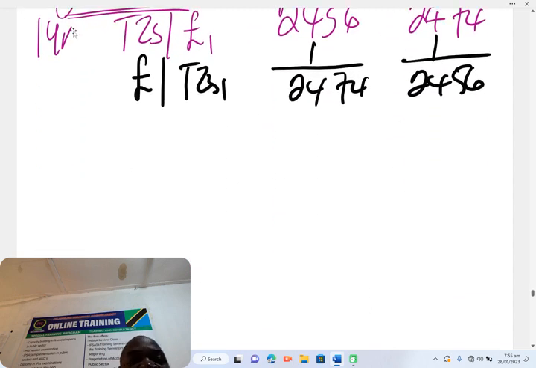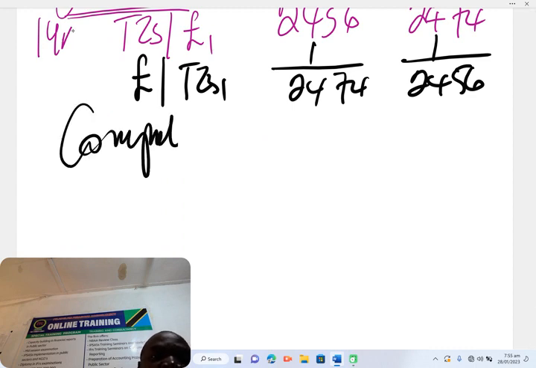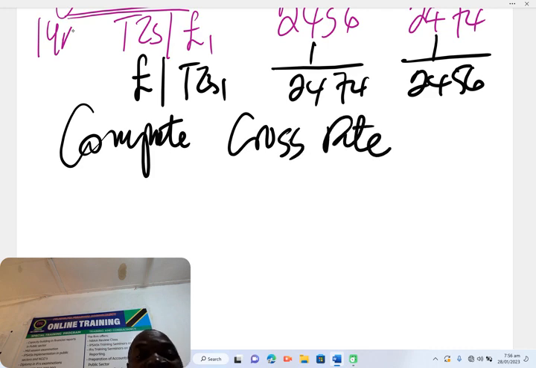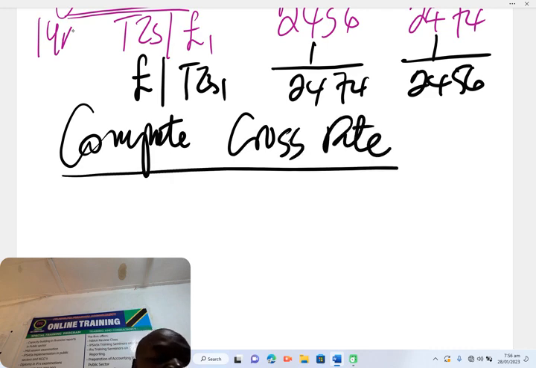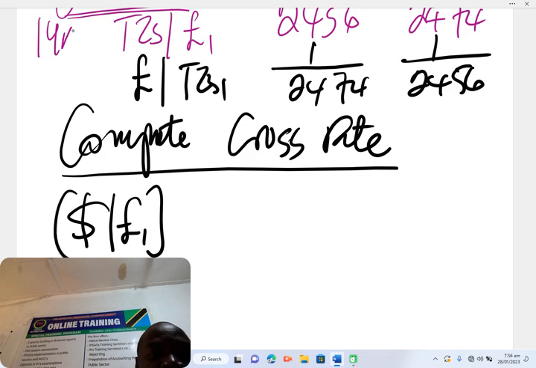Cross rate now. Compute cross rate. So the cross rate is for pound against dollar. So we need to compute dollar stroke pound 1 bid.